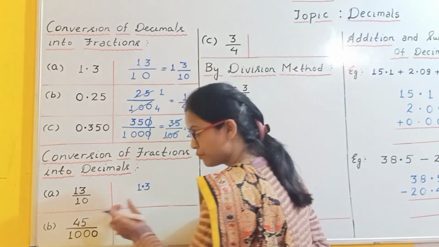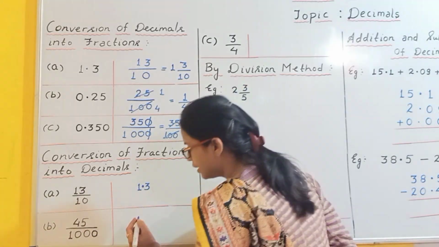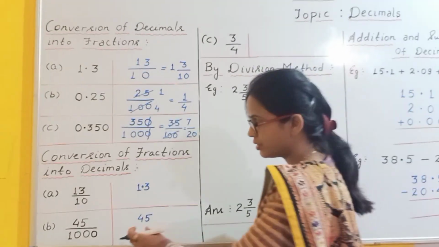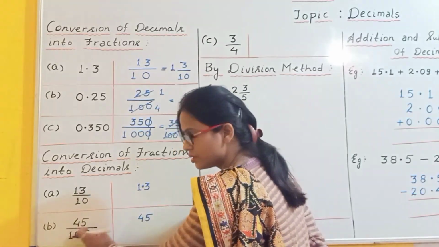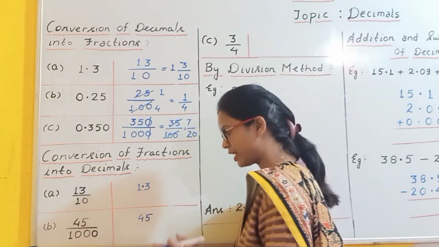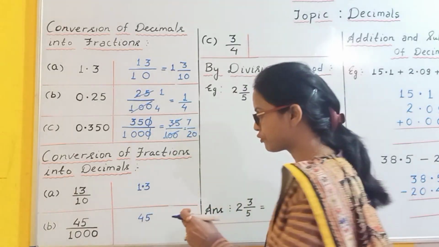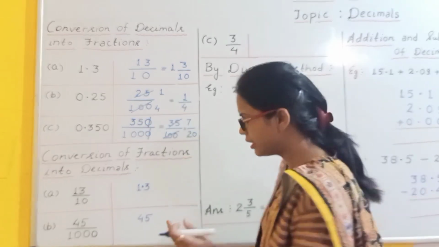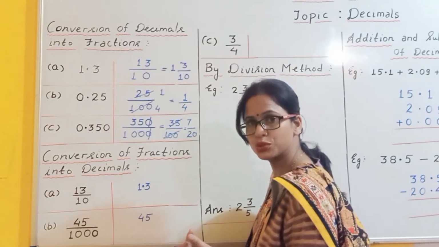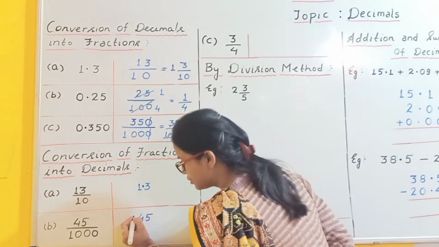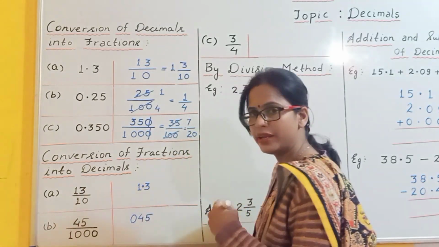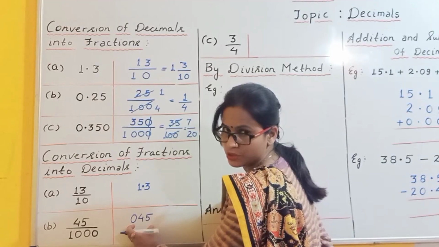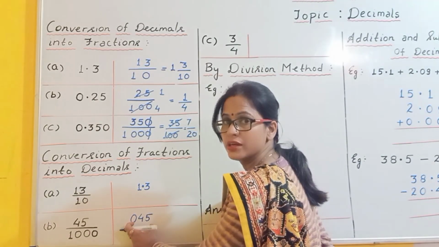Similarly 45 upon 1000. Again write down the numerator, and here the number of zeros is 3. So we have to put the decimal from the right hand side after counting 3 digits. But here there are only 2 digits. Now what to do? Yes children, we can write a 0 at the left side of the number as its value will not be changed. So we can write 045.